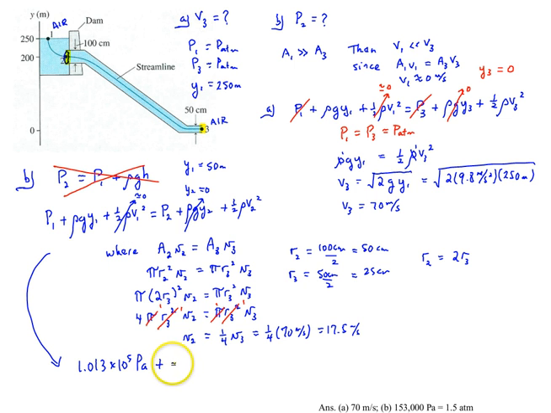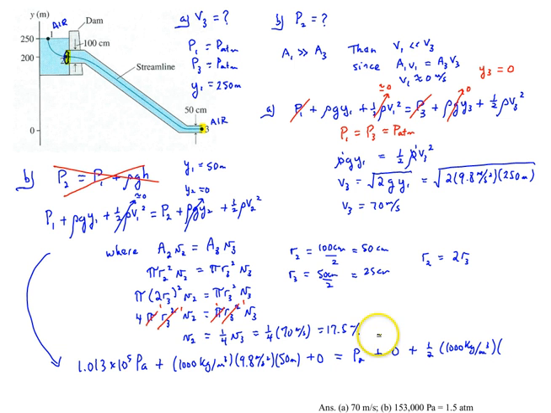That's pressure 1, plus the density of the fluid, which is 1,000 kilograms per meter cubed, times g, which is 9.8 meters per second squared, times y1, which is 50 meters, and plus, well, that term is 0. And then pressure 2 is what we're looking for, plus 0, that's assumed to be 0 because it's the lowest height, plus 1/2 times 1,000 kilograms per meter cubed, times velocity 2 that we just figured out, which was 17.5 meters per second, squared.